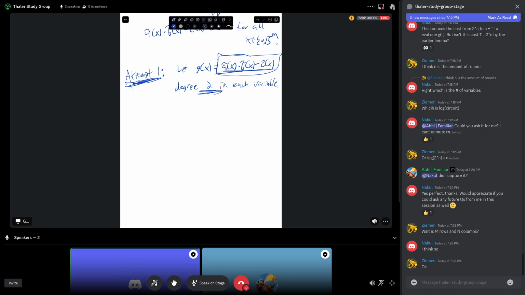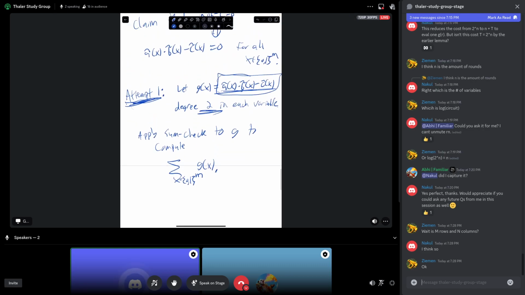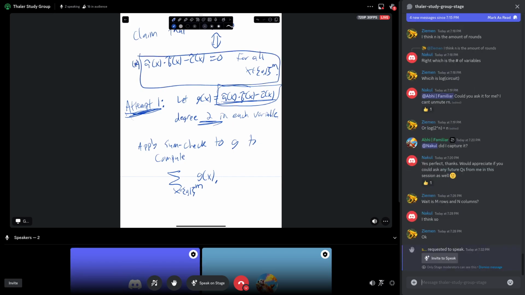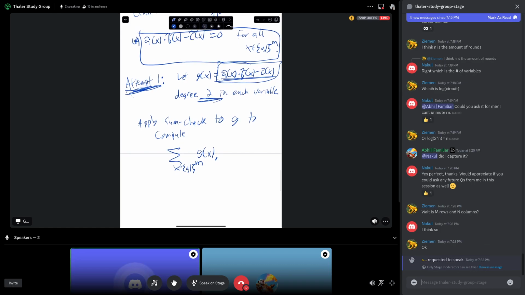Okay, and so if we apply sum-check to g, what that will let us do is compute the sum of all evaluations of g over the hypercube. Something that's easy to see, let me call this thing here star: if the prover is honest, then g of x equals 0 for all x in the hypercube.